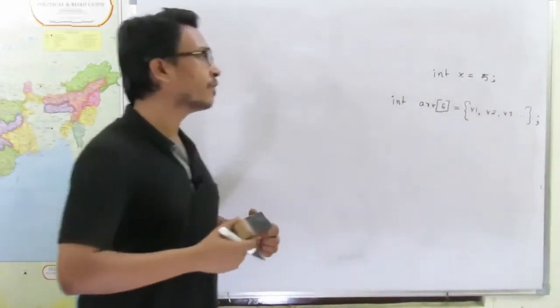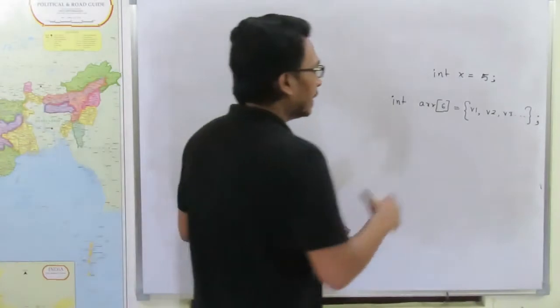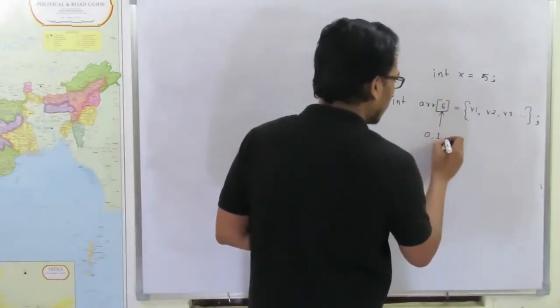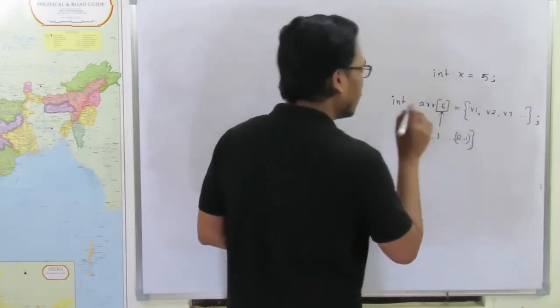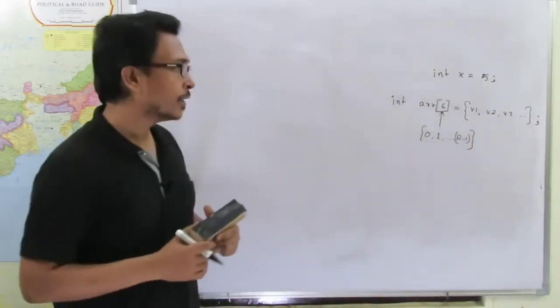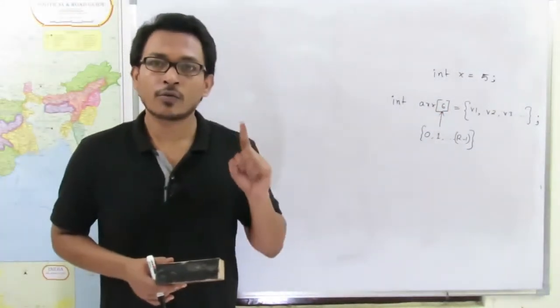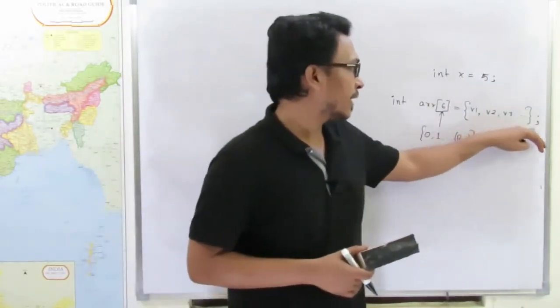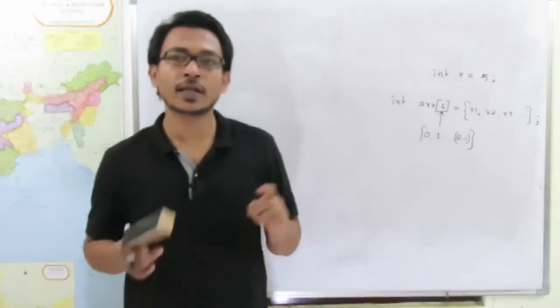Now how will these values be stored in memory? Because in this array we will have 0, 1, like that up to range minus 1, these many individual positions, and each of these individual positions can hold only one value at a time. Now we are specifying these values like this within the curly braces. How will all of these values be stored in the array?